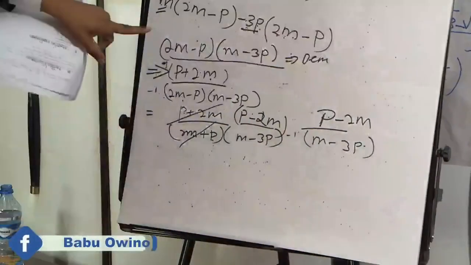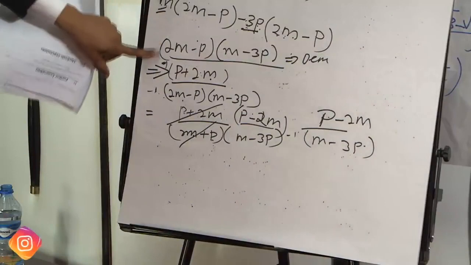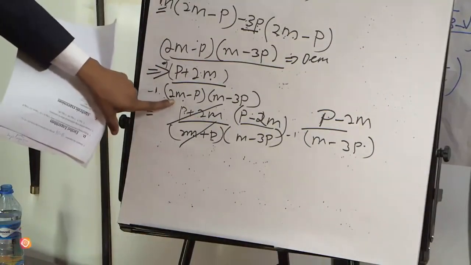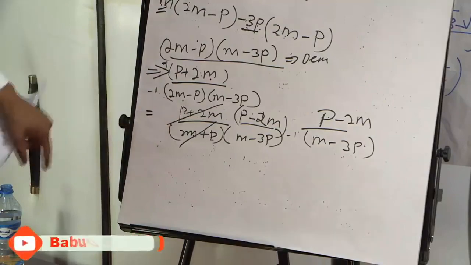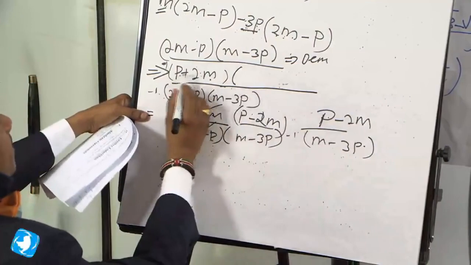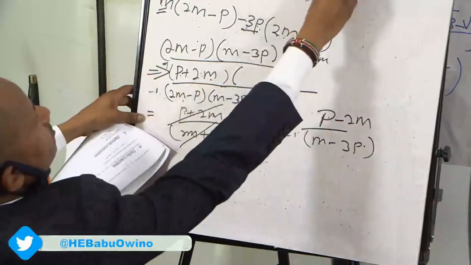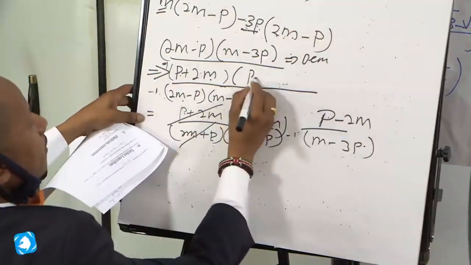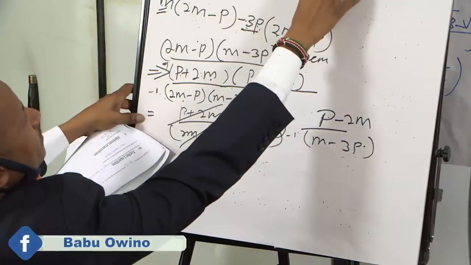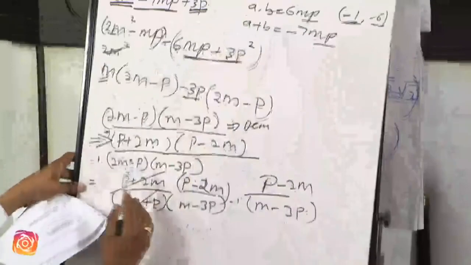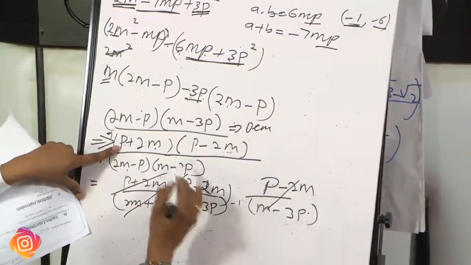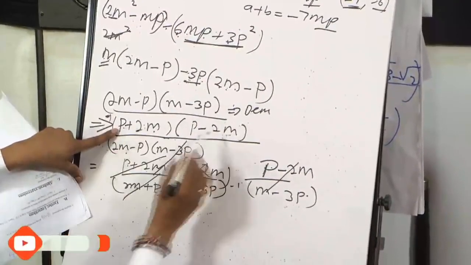Let me take you back a little bit because I've introduced a negative here. From here, p plus 2m, then p minus 2m, which is this part of the value. I only took one part, sorry for that. So we take both of them. Just forget about this. We start from here.